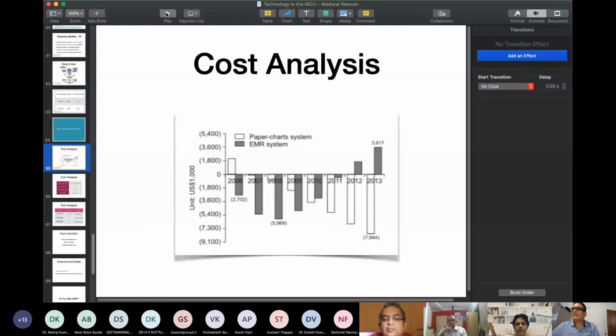You can clearly see that in the initial period, the EMR system is in negative balance. But after a few years, the EMR system starts to make positive returns, whereas the paper charts are drained, because the longer you store, particularly in the US or in the UK, you need to store the paper medical records for 21 years, and the cost of that tremendously increases.